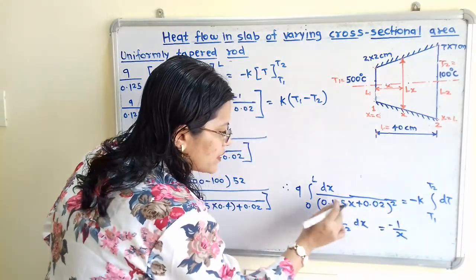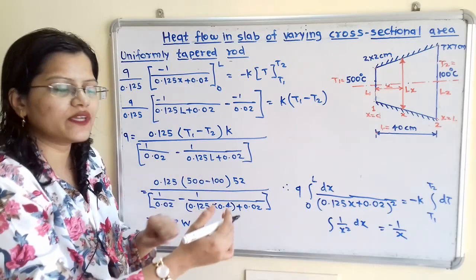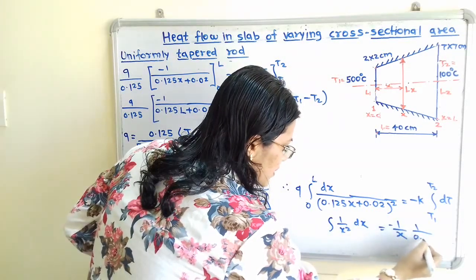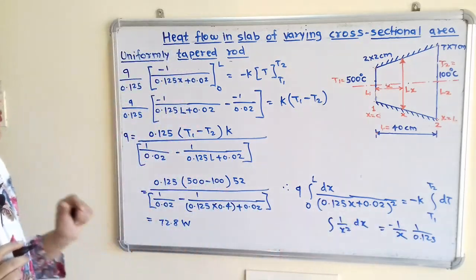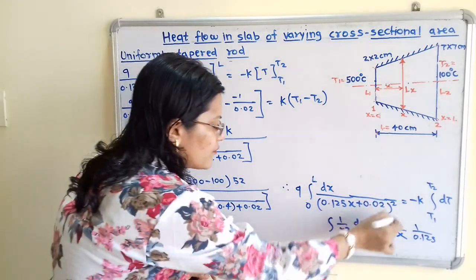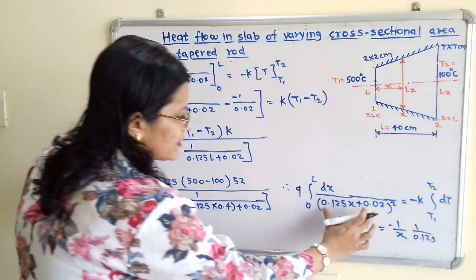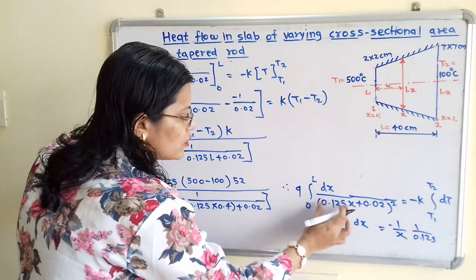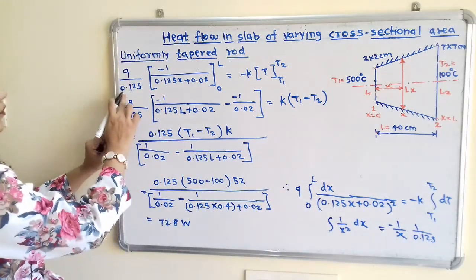And in this denominator there is again one term, 0.125, which is the coefficient of the variable x, so we have to account for it. We treat the whole term as x squared, so the solution is minus 1 divided by the whole term, that is (0.125x + 0.02), and again we multiply by the coefficient of x, which is in the denominator, so it is 1 divided by 0.125.